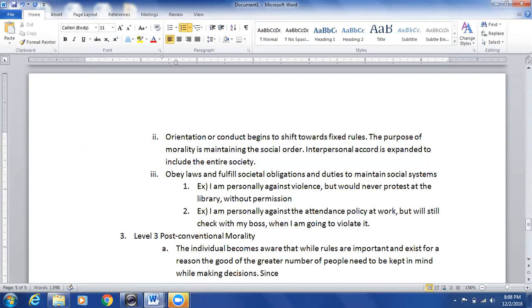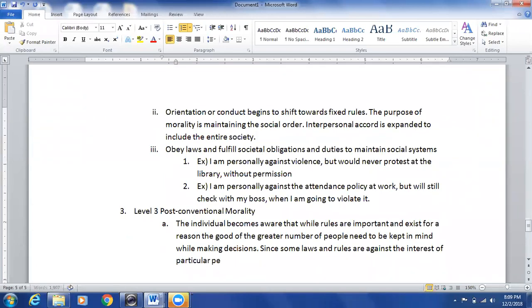So since some laws and rules are against the interest of particular people, action is done to dismantle the unjust.